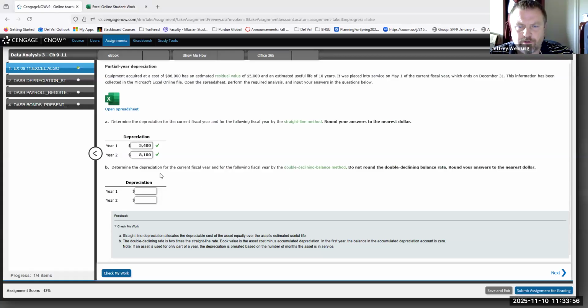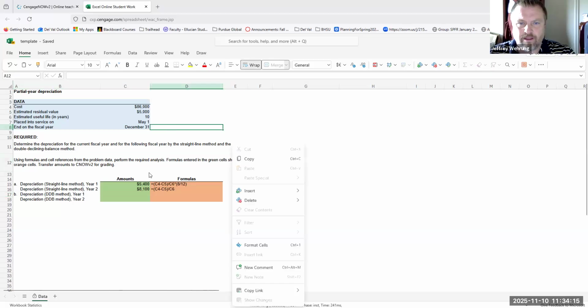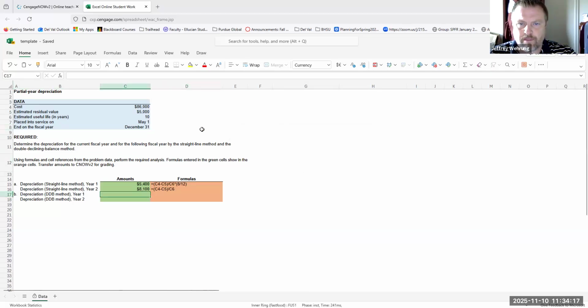So next, determine the depreciation for the current fiscal year and for the following year by the double declining balance method. Oh, so there we go. So let's go do the double declining balance method. If we remember the double declining balance method, we're taking twice the percentage that we would use in the normal, right? So if we're at 10 years useful life, that would mean that every year it would be 10%.